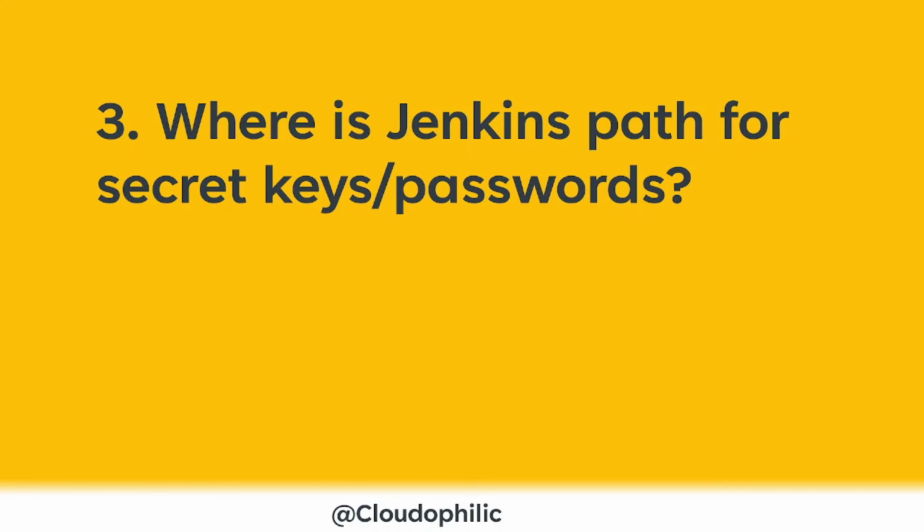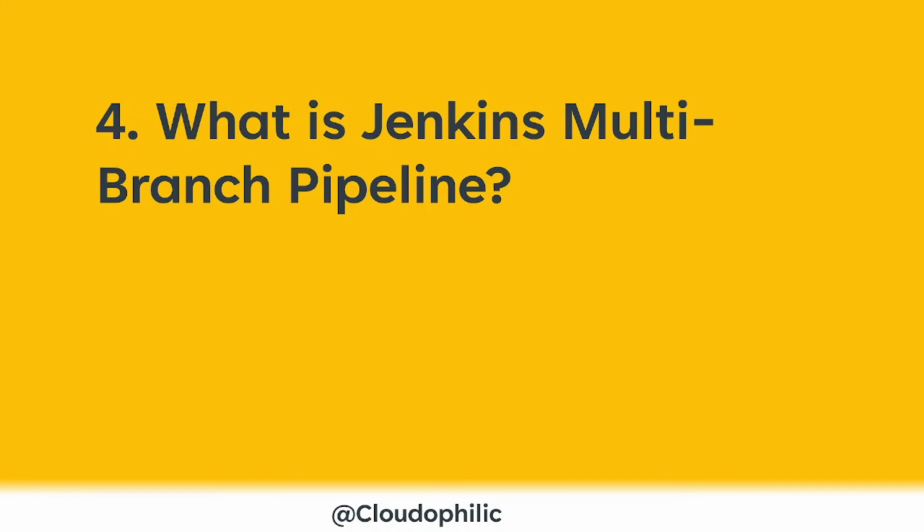Now, going to the next question. What is a Jenkins multi-branch pipeline? This is also one of the important questions. Please go through this. A Jenkins multi-branch pipeline is a way to manage multiple branches of a project in Jenkins using a single pipeline. It allows you to automatically build, test, and deploy different branches of a project without having to manually configure each branch.